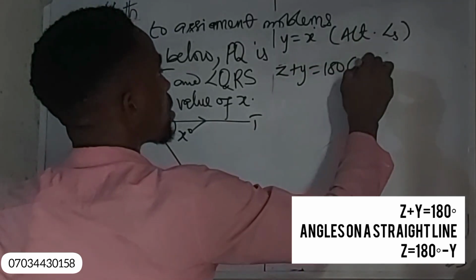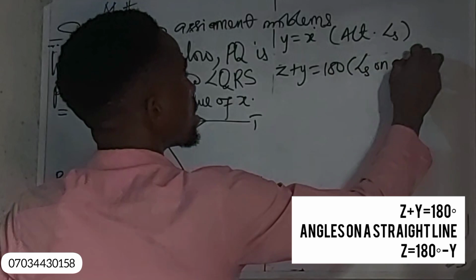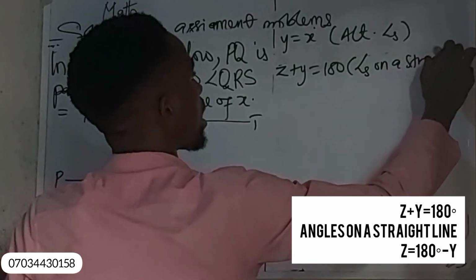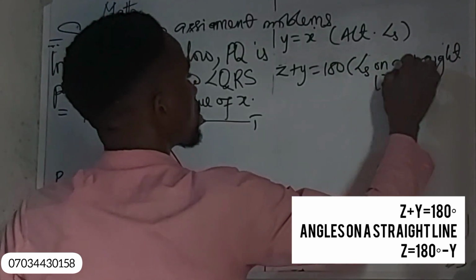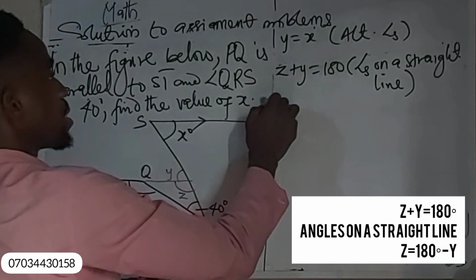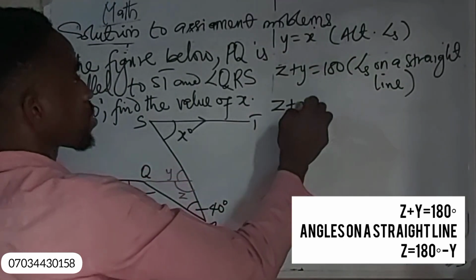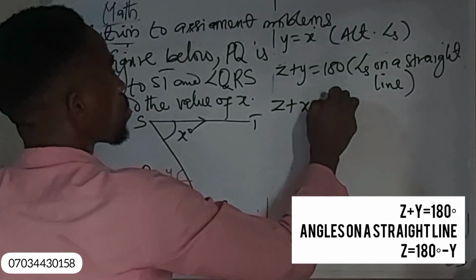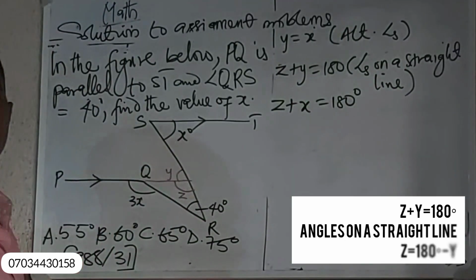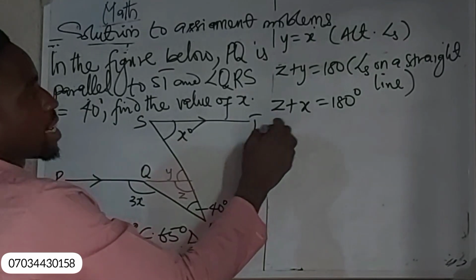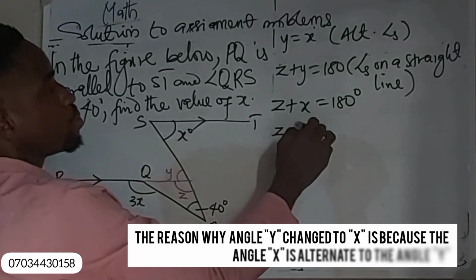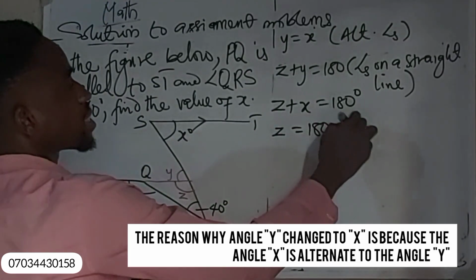That's angles on a straight line. So we now have that z plus, instead of y, let me write x because y and x are the same. So z plus x is equal to 180 degrees, right? And then I have that z is going to be 180 minus x.